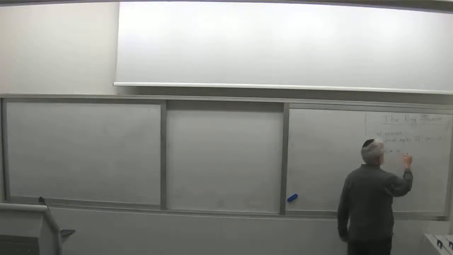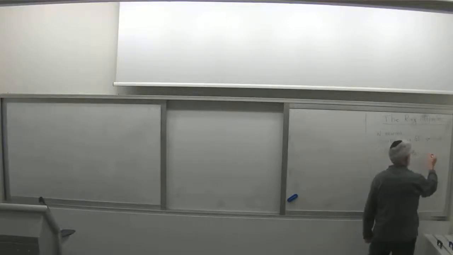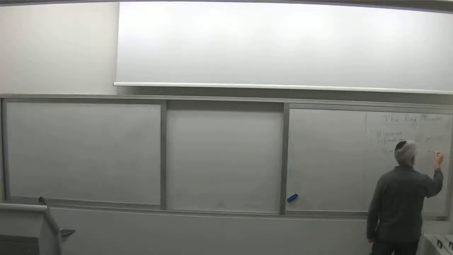So it's minus pi plus pi over 2N, etc., up to pi minus pi over 2N.